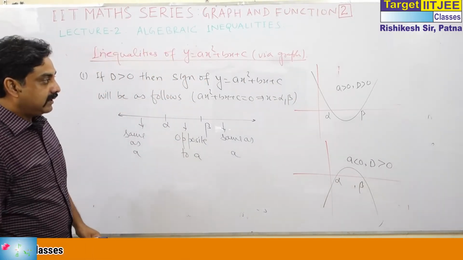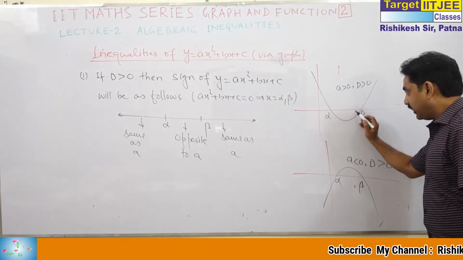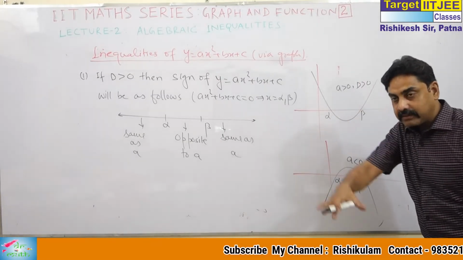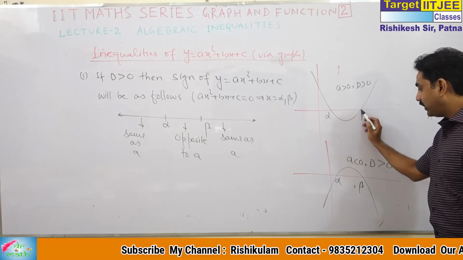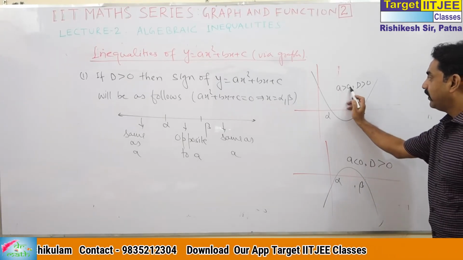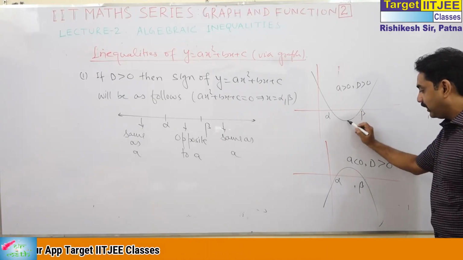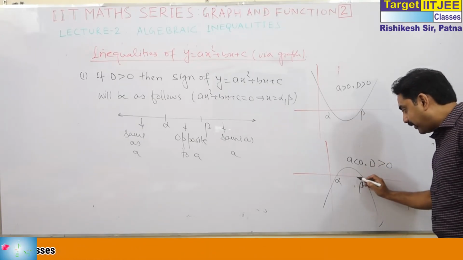You can see in this graph, this portion is negative, below x-axis. This is negative between alpha and beta, and this is positive outside alpha and beta. What is sign of A? Sign of A is positive. So between alpha and beta this is negative. Sign of A is negative; between alpha and beta this is positive.